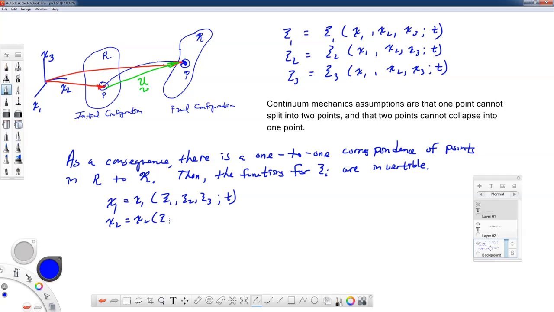Now there are certain fields of mechanics, such as fracture mechanics, where we can loosen some of the restrictions on whether 1 point can split up into 2 points. But in our form of continuum mechanics that we're going to take for now, we're going to be looking at the basics right here.